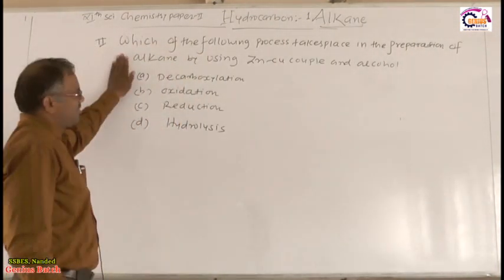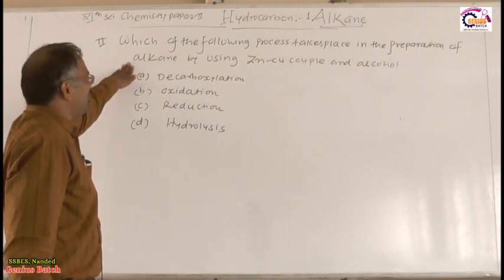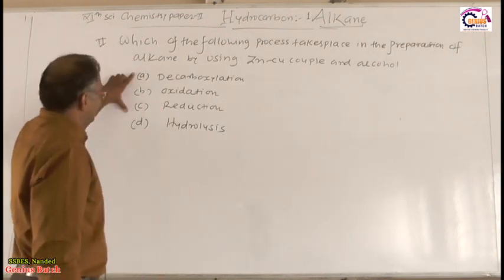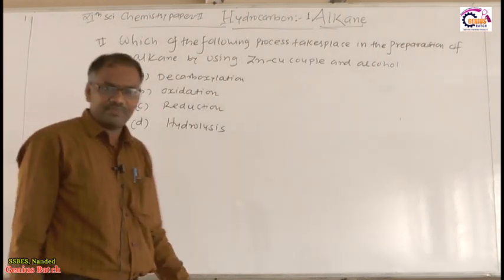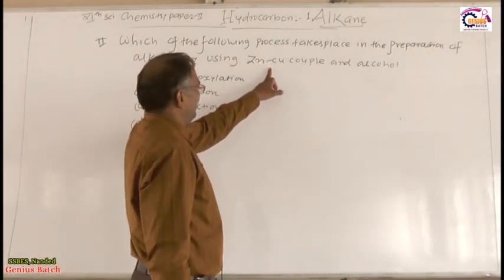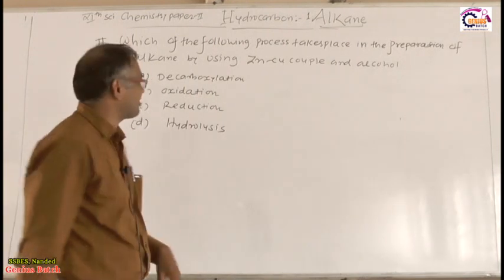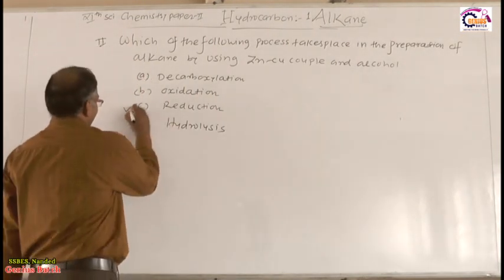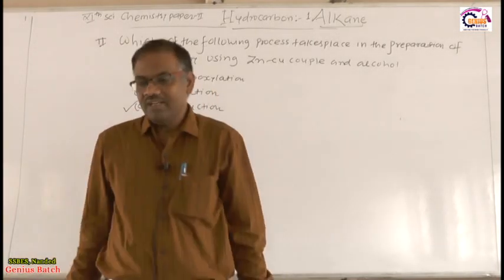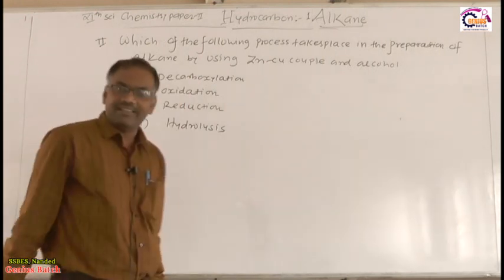So these are the four multiple options. If we use zinc copper couple and alcohol for the preparation of alkane, what process takes place? That is the reduction. So a question may be asked like this. This is another way to write the examples.